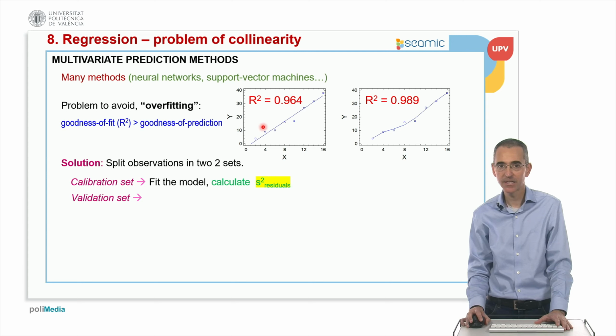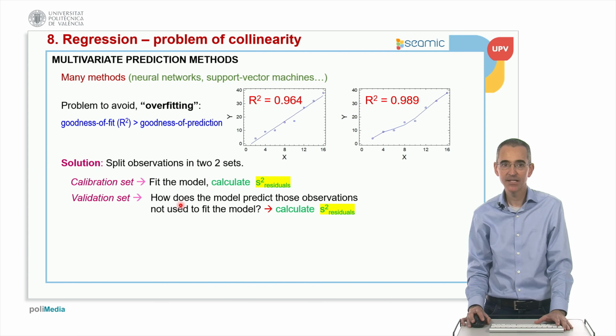Then for the validation set, the question is how does the model obtained in the first part predict those observations not used to fit the model? So I can calculate those predictions and then those residuals and then compare both of them.